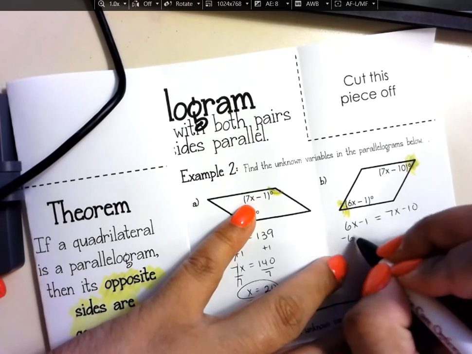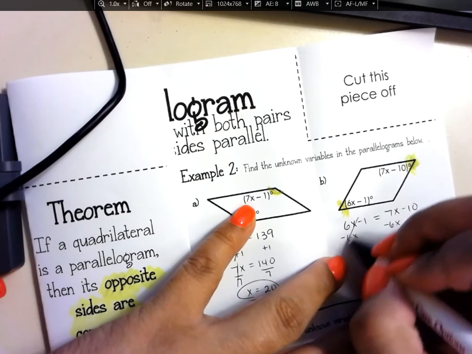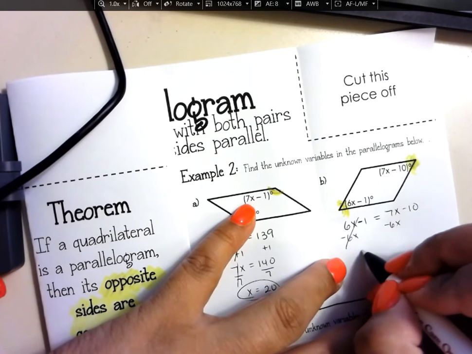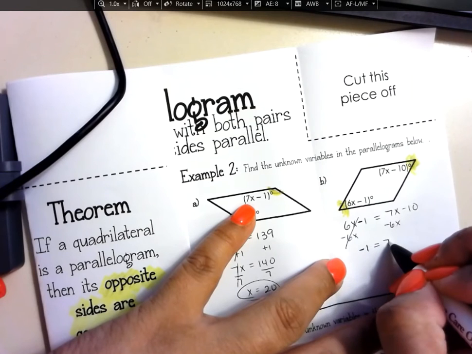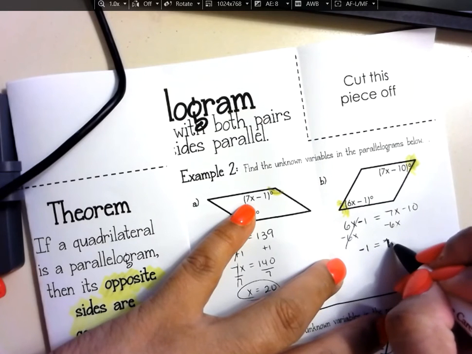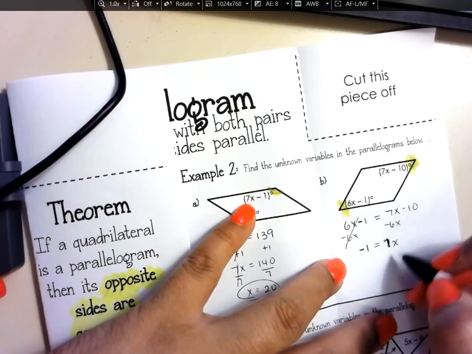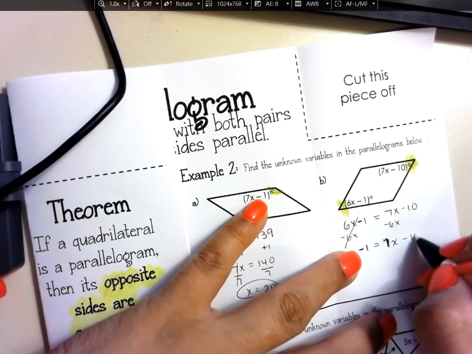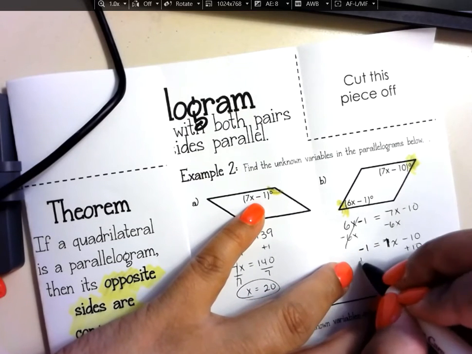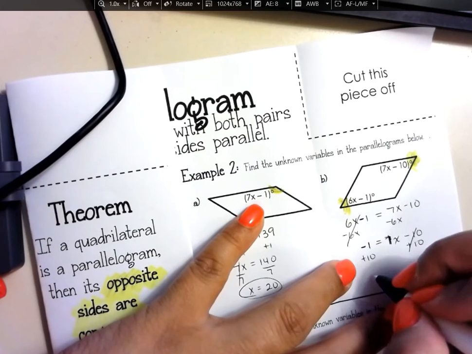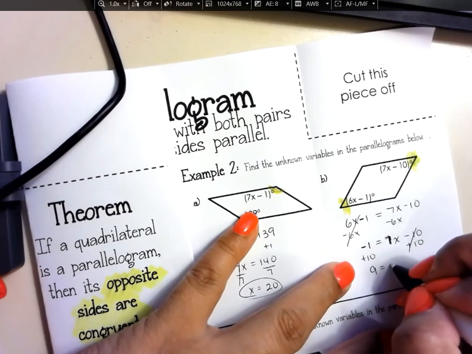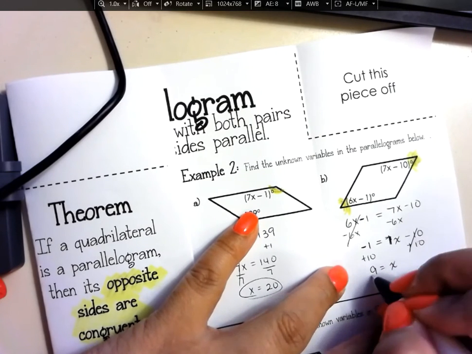And I would subtract 6x from both sides. Negative 1 equals 1x, right? 7 minus 6 is a 1. Minus 10. Adding 10 to both sides, you have that 9 equals x. 1x or just x, okay?